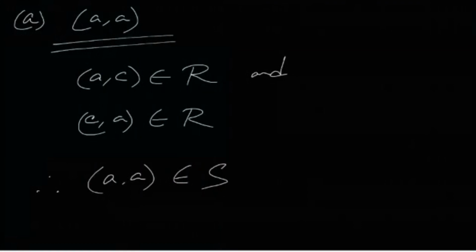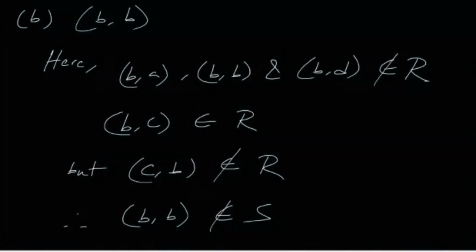Here it is not a problem of true and false. Basically, the element (A, A) is an element of S. What about option B, (B, B)?